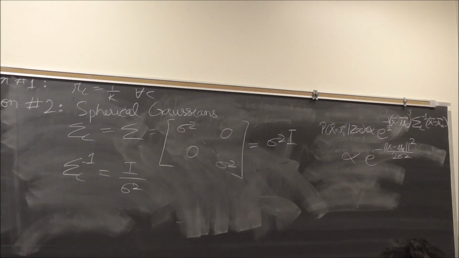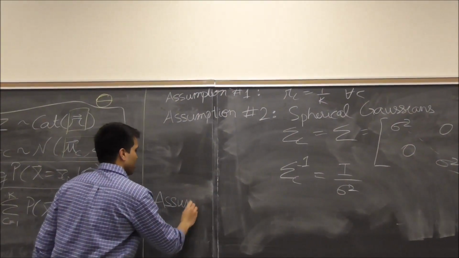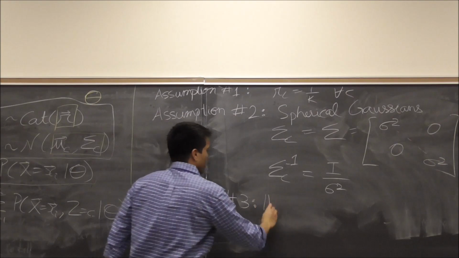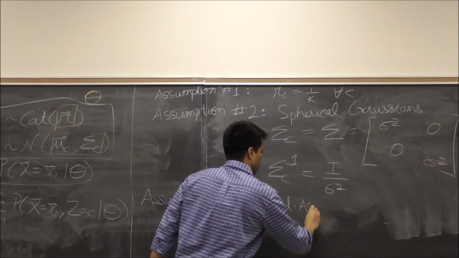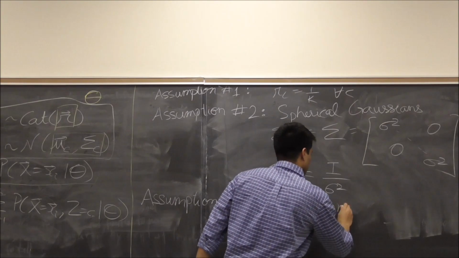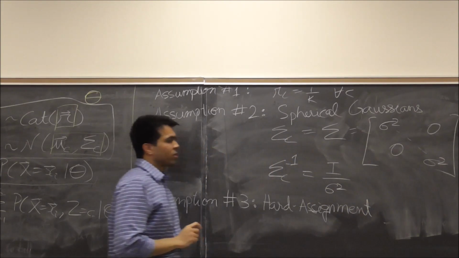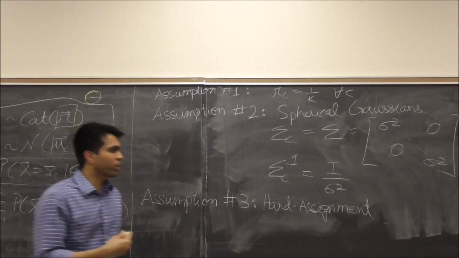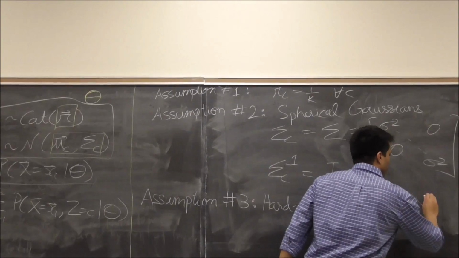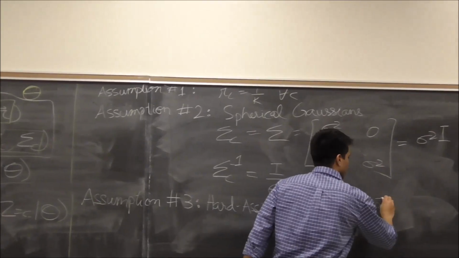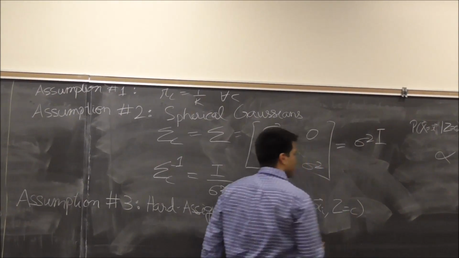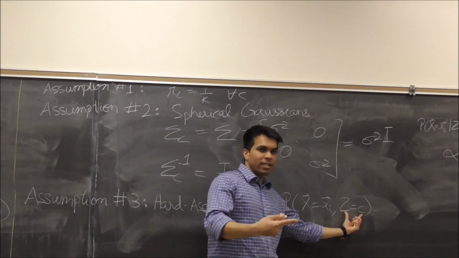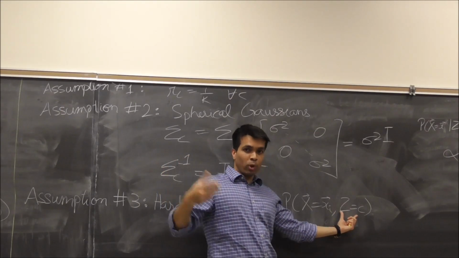There's just one extra assumption that you need to make, so it's the final assumption number 3, which is hard assignment. So hard assignment assumption is that a data point can only be assigned to a single Gaussian, which is basically to say that probability of x equals x_i, z equals c. There's only one data point. I can set z equals 1, I can set z equals 2, and a Gaussian mixture model will still give some probability.